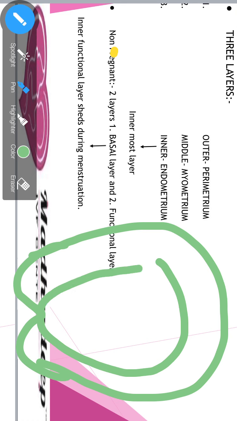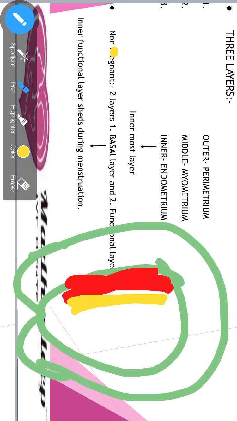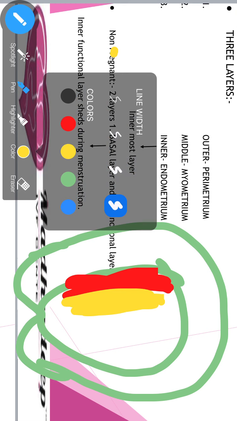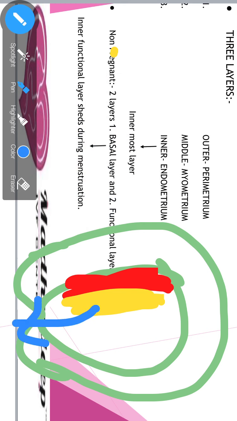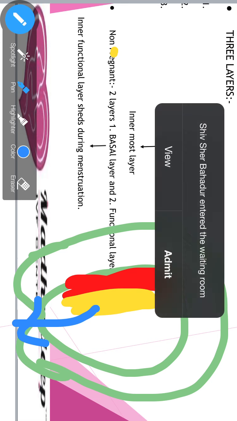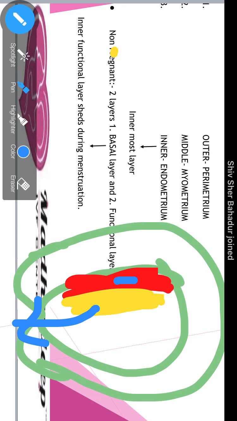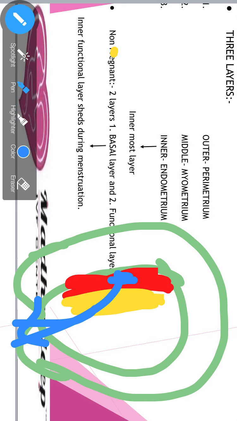This is the cavity, and this inner layer has two layers, basal layer and functional layer. During menses, every time this functional layer is shed and the basal layer remains. But if there is repeated DNC, or repeated curettage, or curettage done by an inexperienced hand, this basal layer gets damaged.